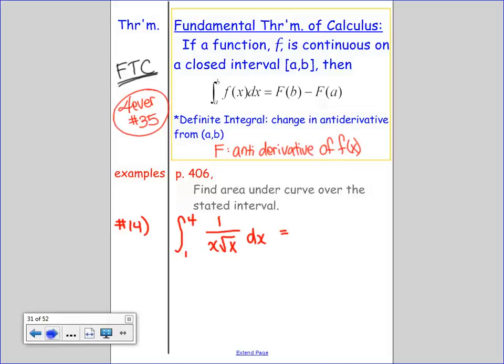And then the change in the antiderivative from, you know what, I think that's something I probably wrote in myself. Hold on. See if there has to be a reason why there has to be parentheses. Are you guys finding the antiderivative of number 14? It's x to the negative 3 halves. See if I'm right. Not the antiderivative, the function before you take the antiderivative.